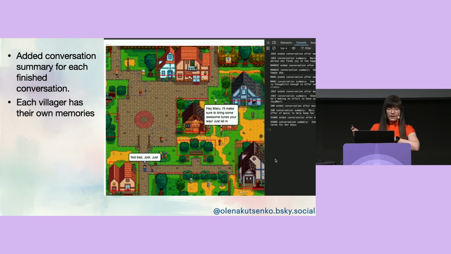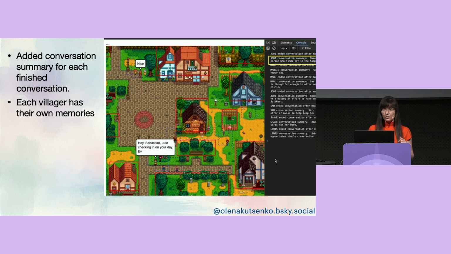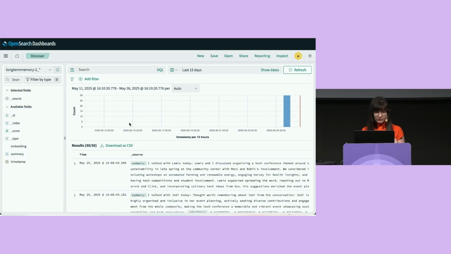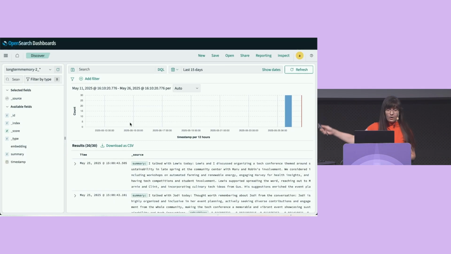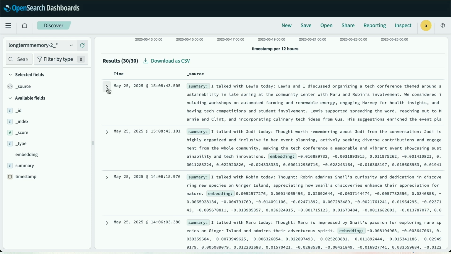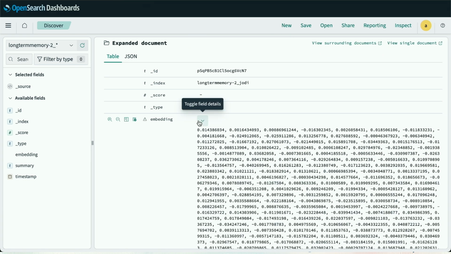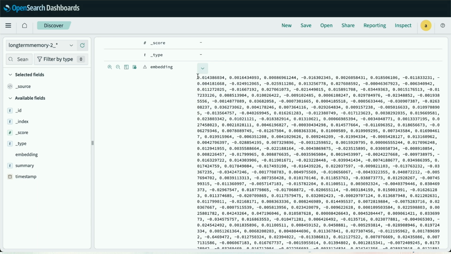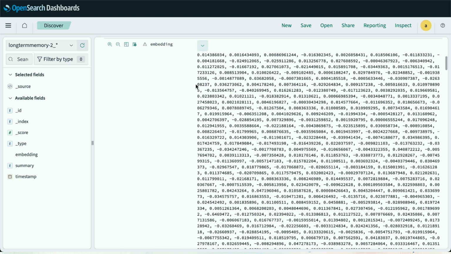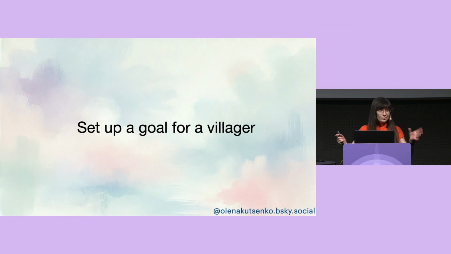Yeah, so then we have memories, and this is, by the way, how the index looks. I don't remember whose memory it was, but maybe it was Jody's. And this is the numerical representation of the memory which Jody had. So the next step, I wanted to include some goal.